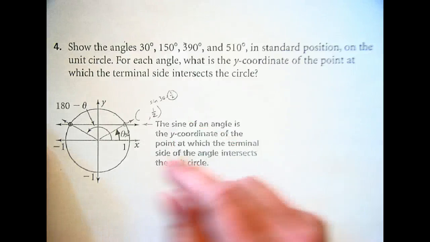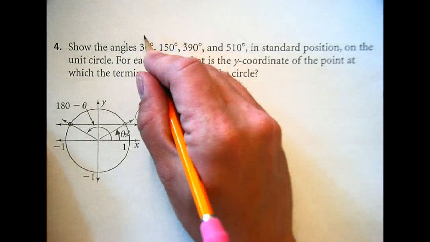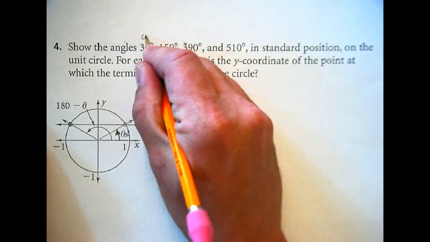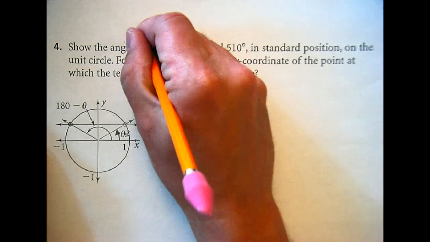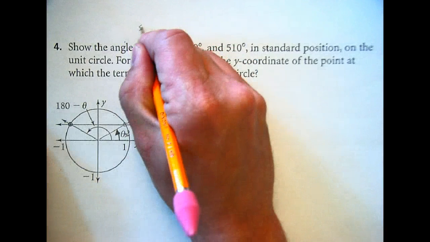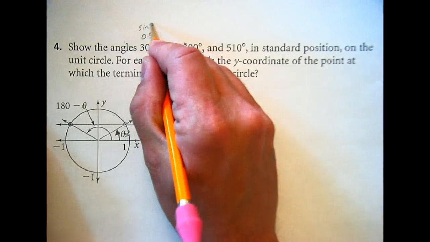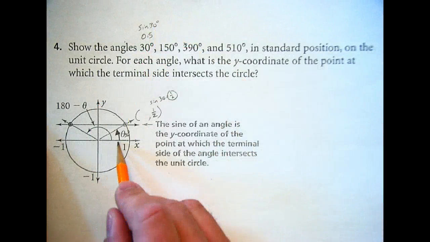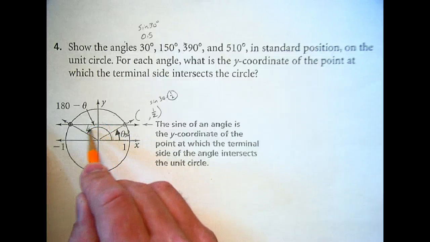Okay, in fact, if you did that on your calculator, which is what number 5 asks, you'd find sine 30, they give you 0.5, but we know that as 1/2. So the sine value of 30 is 1/2. Now, if I move on to 150 degrees, which I keep going around the unit circle from standard position to right there.